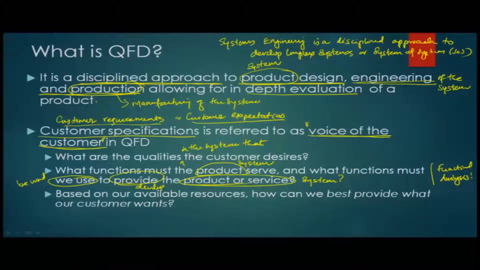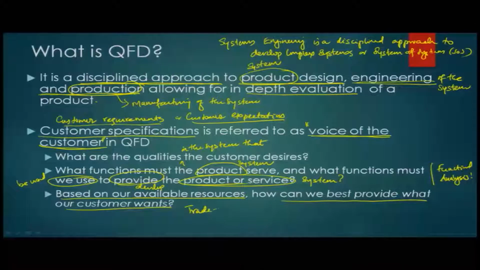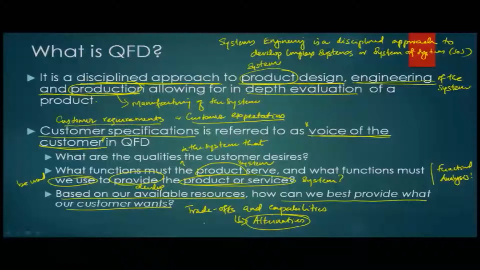And the third part, based on the available resources, how can we best provide what the customer wants? This is where the trade-offs come into picture, trade-offs and capabilities. This translates directly to what we call the alternatives. How best can we provide, or how best can we satisfy?